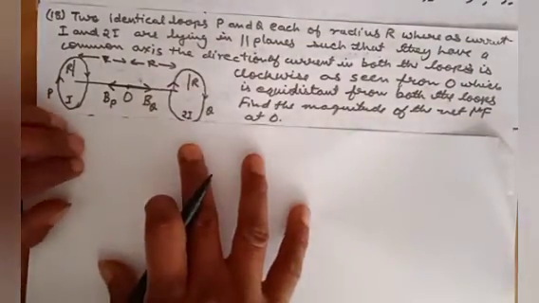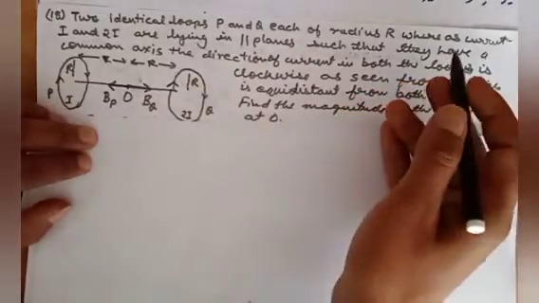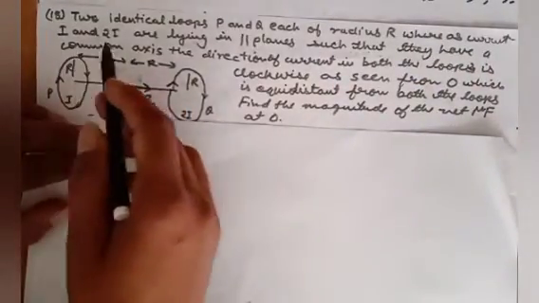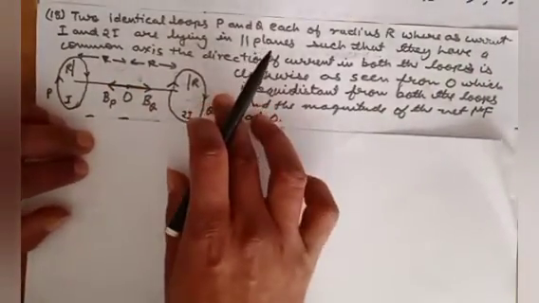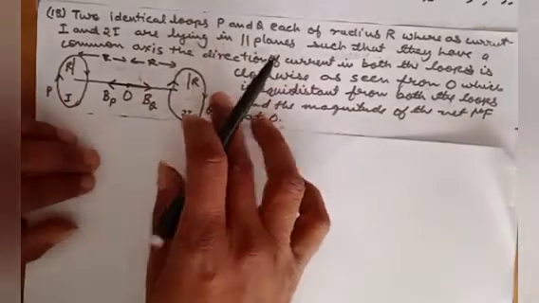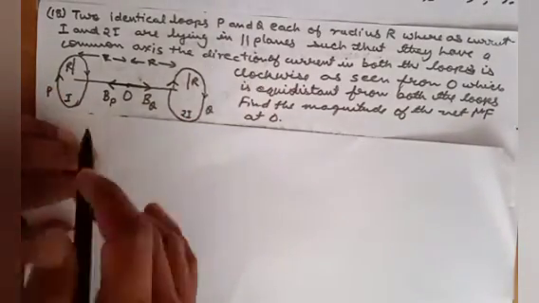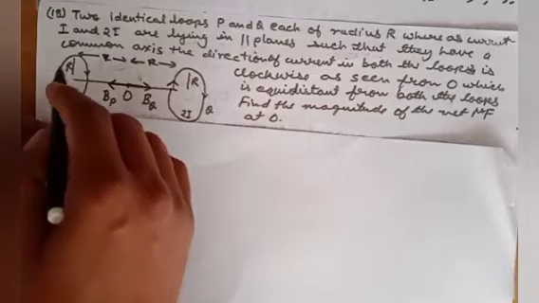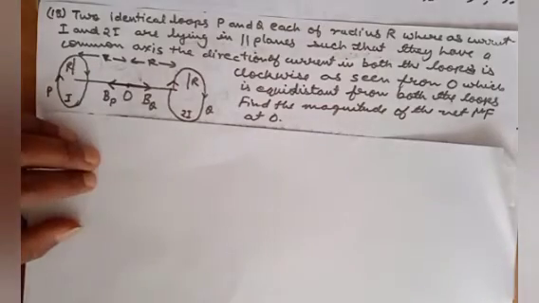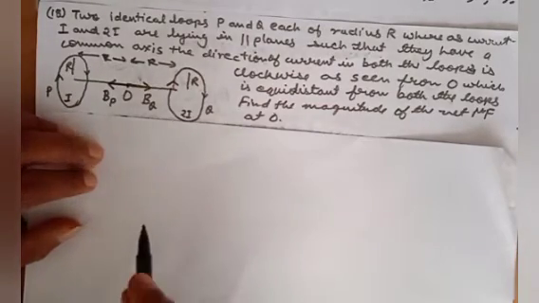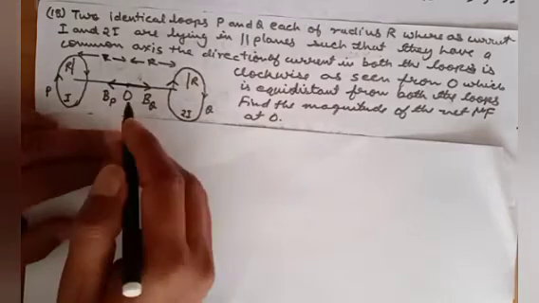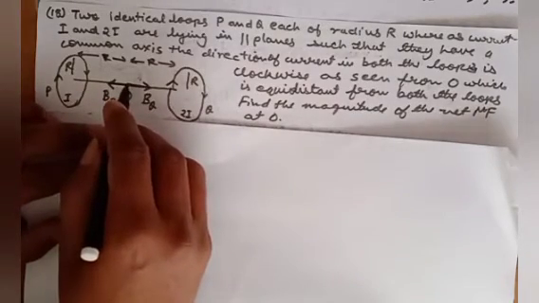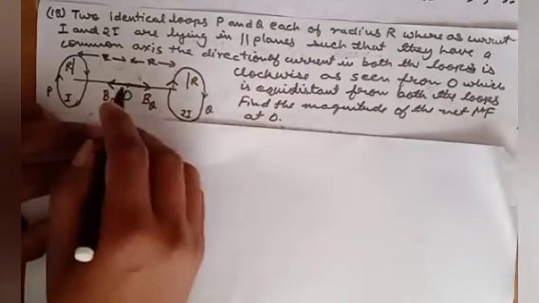So next question, two identical loops P and Q, each of radius R, carrying current 2I and 2I. Okay, so this is the situation. You can imagine that you are sitting in your room, at the center of the room, and on two opposite walls, in one of them there is a coil carrying current in clockwise direction, and in the opposite again in clockwise direction. So remember, this is at the axis of the coil.